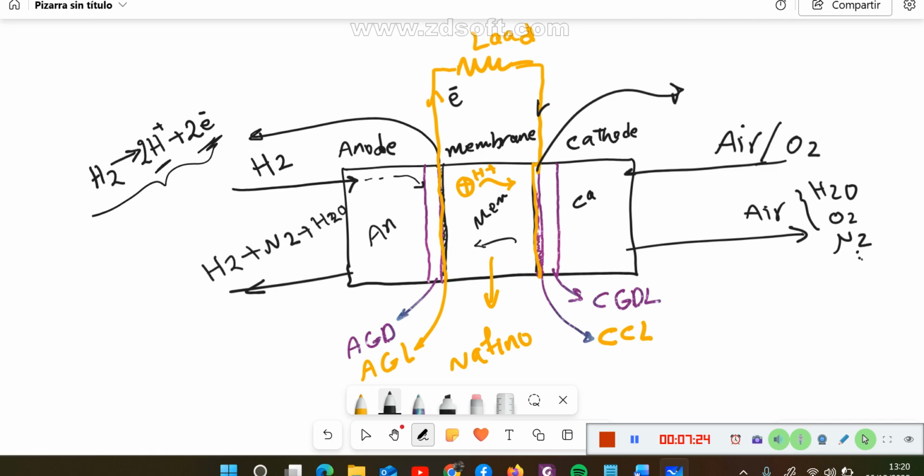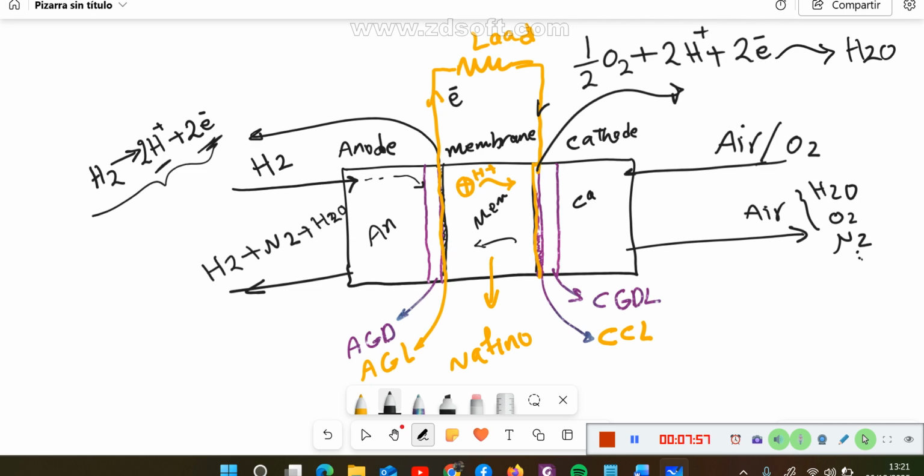And on the cathode side we have another reaction that happens in the catalyst layer. We have the molecule of oxygen that we have in the air, or when we supply pure oxygen, plus the protons that cross the membrane, plus the electrons that pass through the external circuit, and finally we have water.